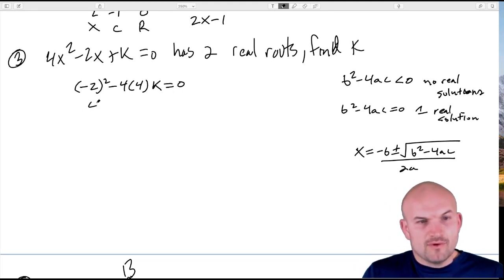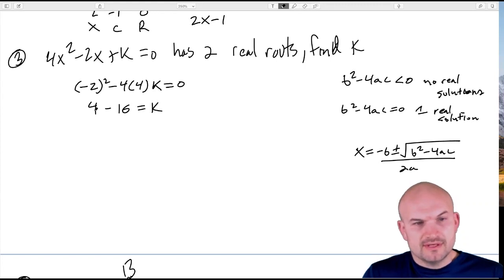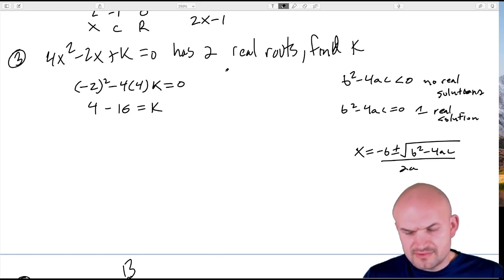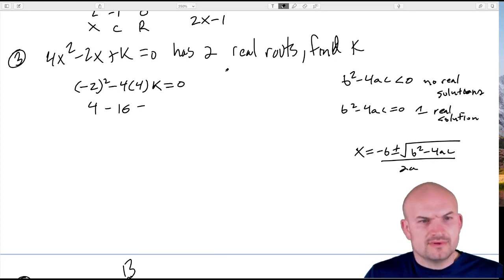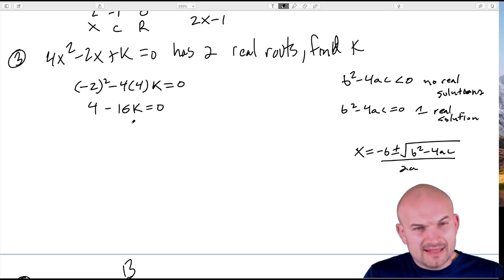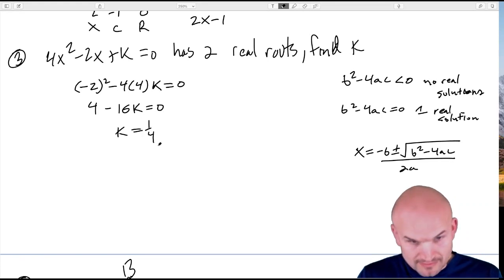So in this case, I get 4 minus 16 equals k. And then you can say, basically, you subtract the 4, divide by 16, k equals 1/4.